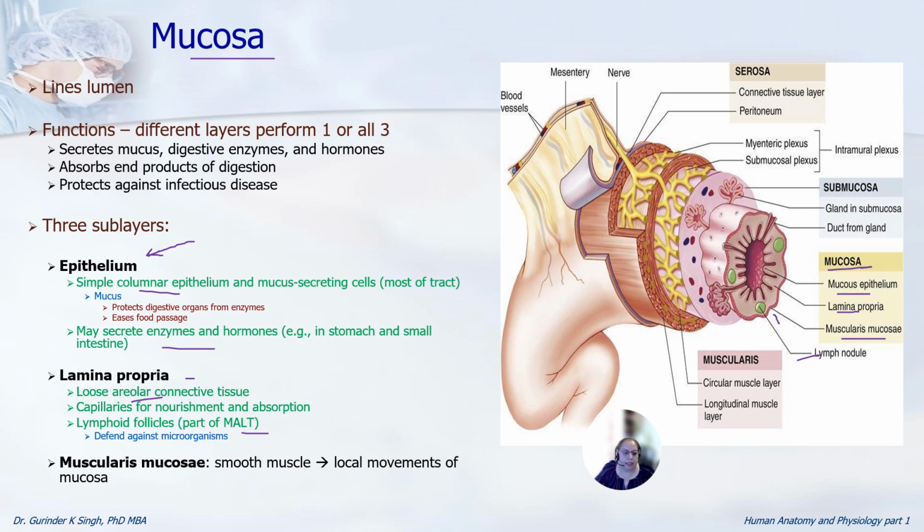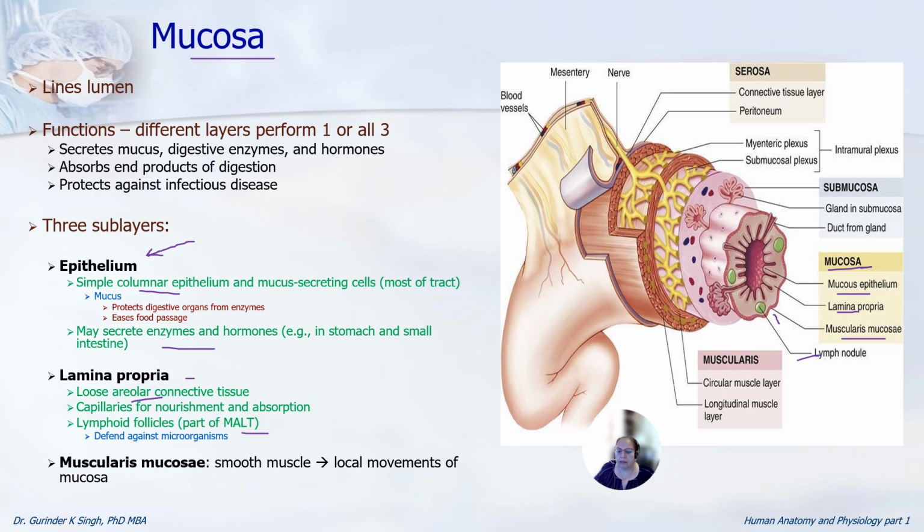There are also lots of activated lymphocytes, or we can say white blood cells, which act as defensive cells in case any bacteria has adhered to the epithelium of the lumen and has somehow got inside the lamina propria. So they are the defense cells present there.